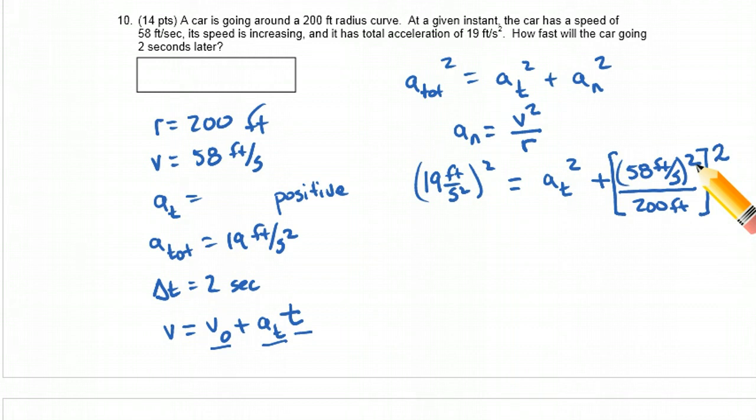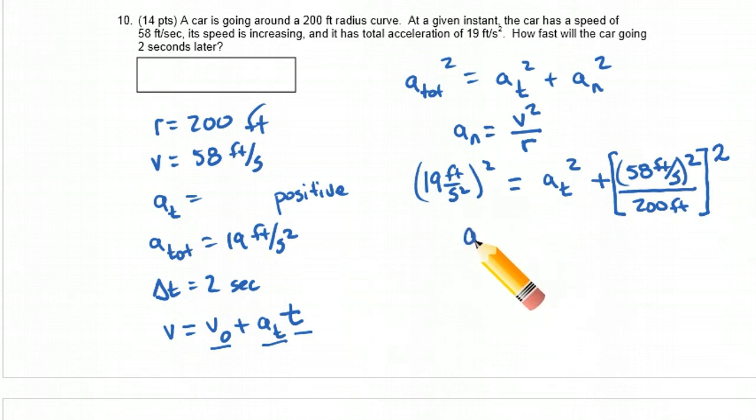If you were to look at the units, that would be a clue that you might forget to square it. You have feet squared divided by feet, so you have feet per second squared inside the square brackets here, and on the left side you have feet squared over seconds to the fourth. So everything would have to be squared here.